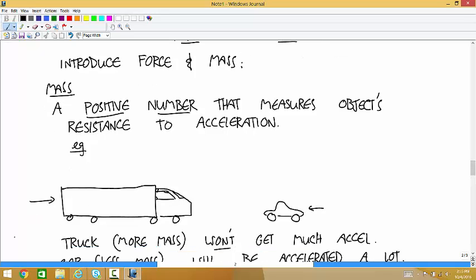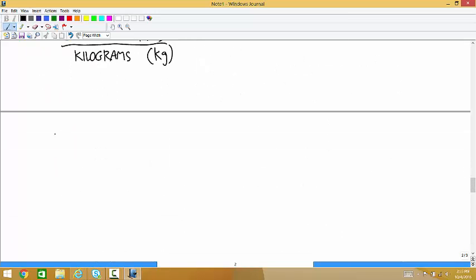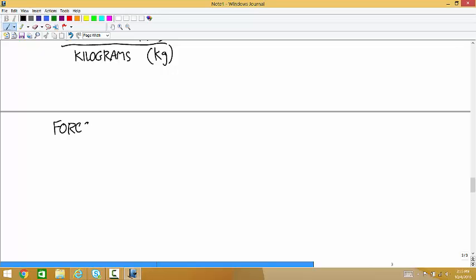A positive number doesn't have any direction associated with it. A force is different. Force does have a direction associated with it, and so force is a vector. So a force is a vector that measures the intensity of push or pull on an object.